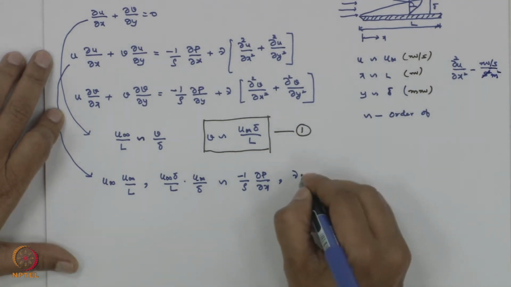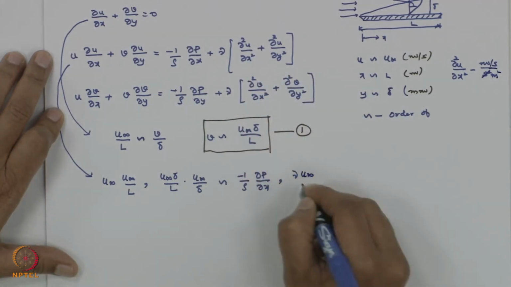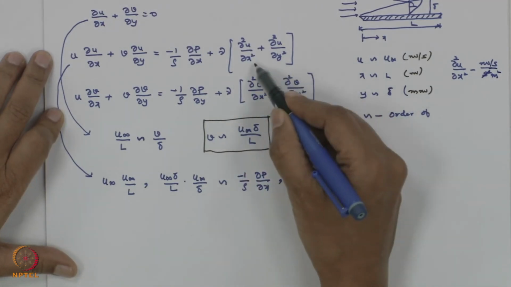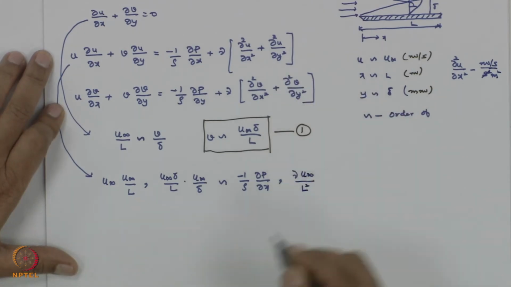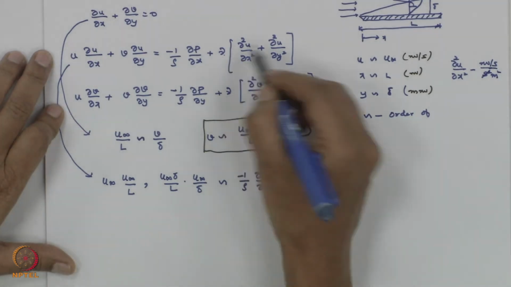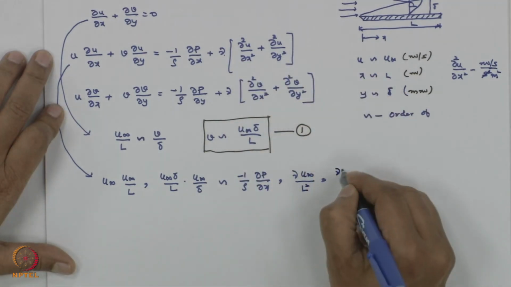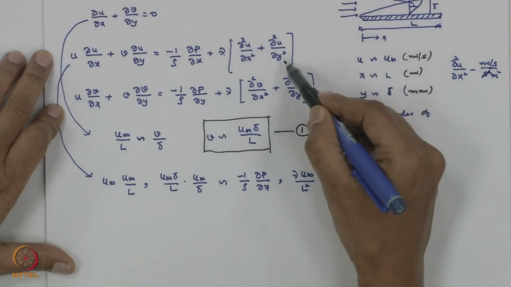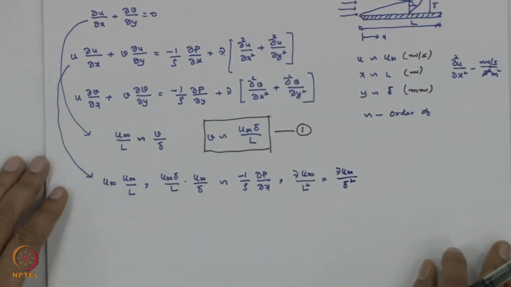So, del squared u scales to u infinity, and x squared scales to L squared, giving nu u infinity upon L squared, plus nu u infinity upon the scaling of y squared, which is delta squared.